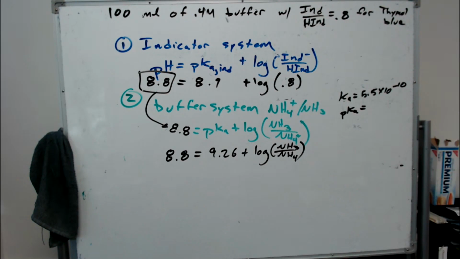Questions? So why would you look up the Ka for NH4 instead of NH3? You would look up the Kb for NH3, then convert it to a Ka so you can use the original Henderson-Hasselbalch rather than the basic Henderson-Hasselbalch. Remember, what we found out in class yesterday is we never need to use the basic Henderson-Hasselbalch.